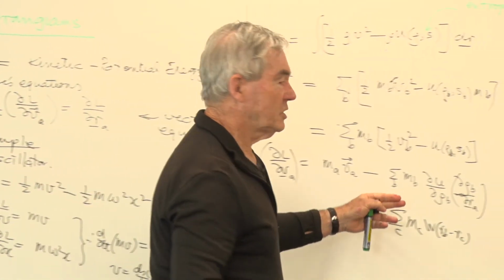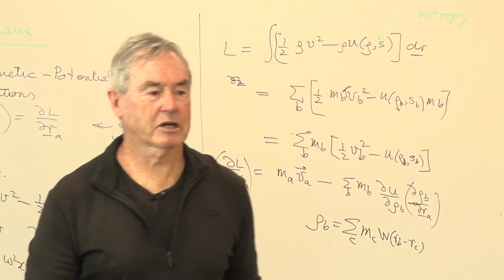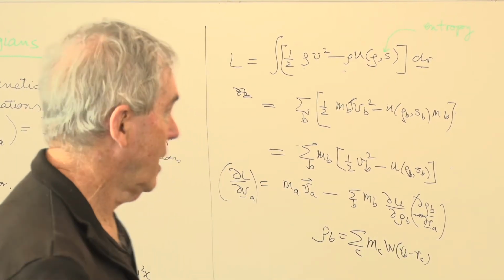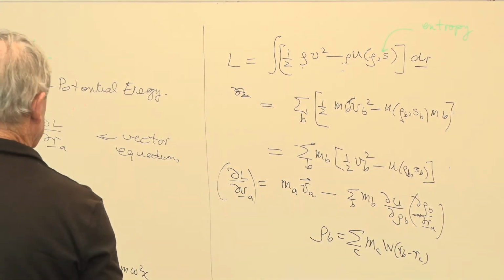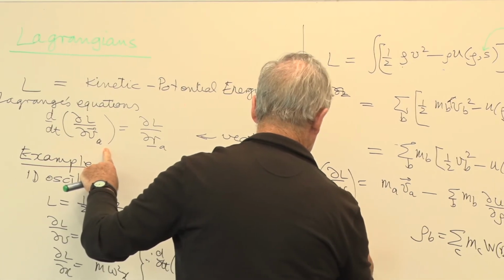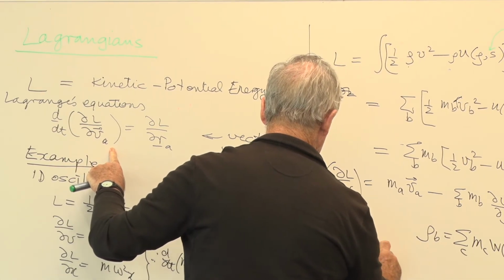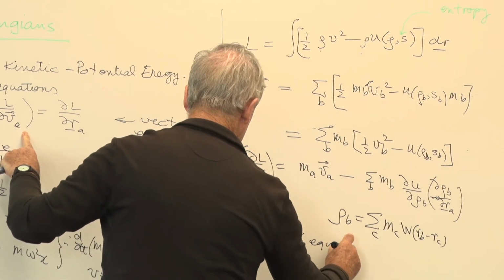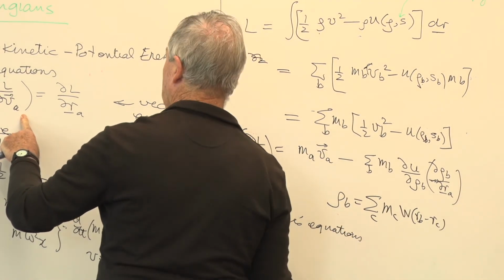So you need to differentiate this. And I'm not going to do that because you're clever enough to be able to differentiate those things. When you do, Lagrange's equations, what do they give you?